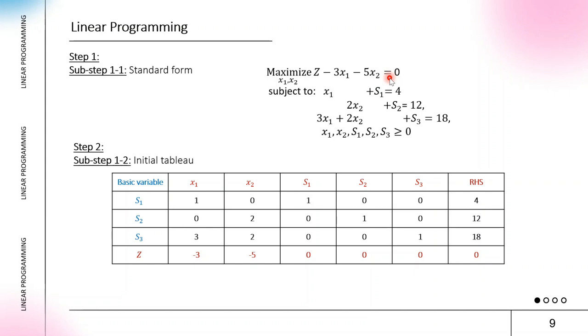The table columns correspond to the decision-making variables x1 and x2, as we can see from here, slack variables S1, S2, and S3, and the right-hand side. The rows represent the constraints and the objective function. We have three different constraints and also the objective function, therefore we have four rows.